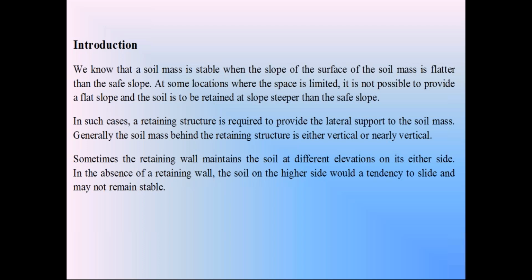If the soil slope is steep, definitely it is not stable. But to provide stability to the steep soil slope, we construct a structure in front of that steep soil slope, called a retaining structure, an earth retaining structure. The earth retaining structure supports the steep soil slope to prevent its failure.